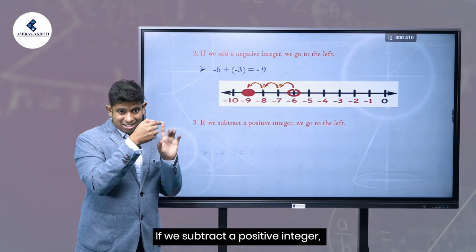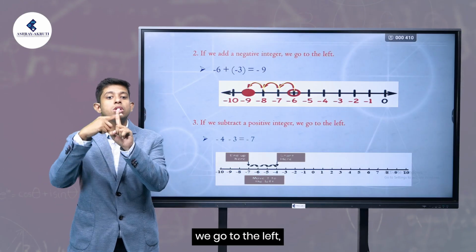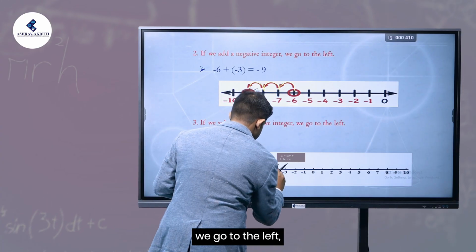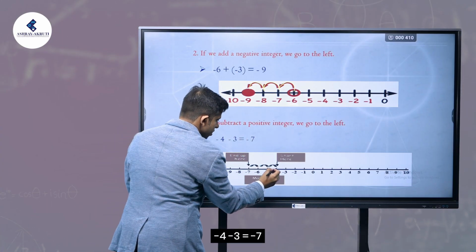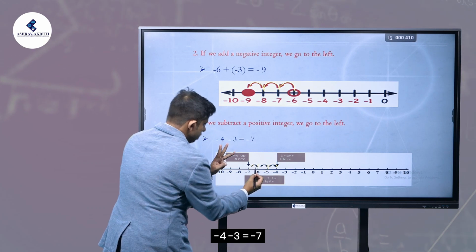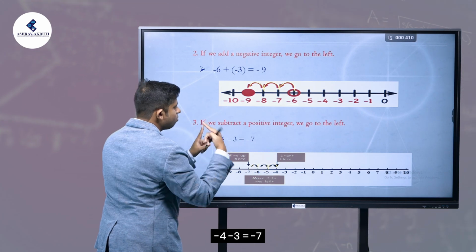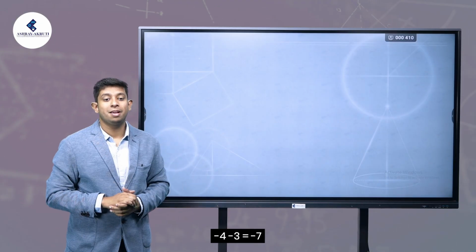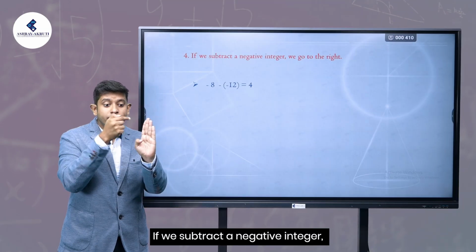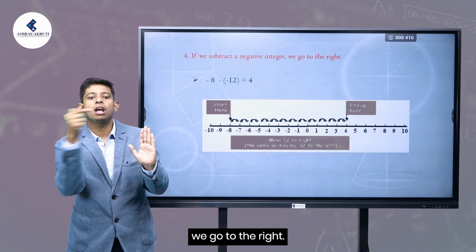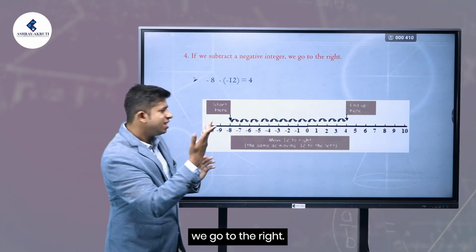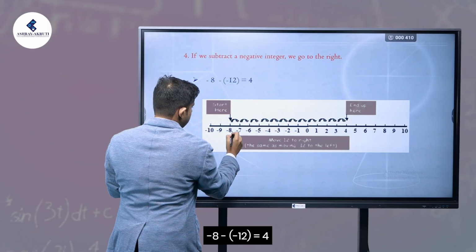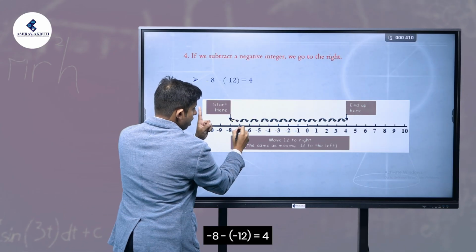If we subtract a positive integer, we go to the left. -4 minus 3 is equal to -7. If we subtract a negative integer, we go to the right. -8 minus -12 is equal to 4.